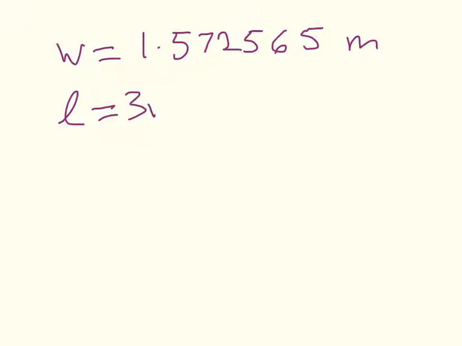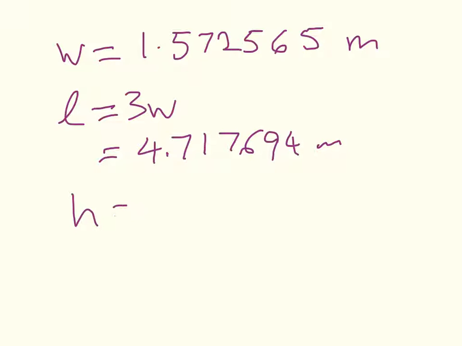Right, so it's worth evaluating that cube root now. So W equals, and I'm going to write this out with lots of decimal places here. I definitely want to round that up, but I don't want to do it till the end or I'll lose accuracy. So W is equal to 1.57, blah, blah, blah. The length is equal to 3 times the width, so that works out to be 4.717694 metres.